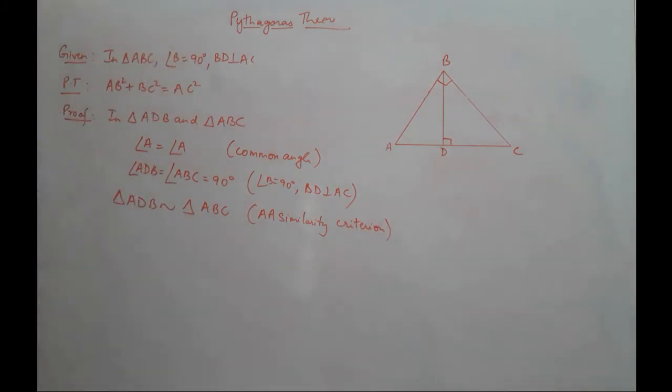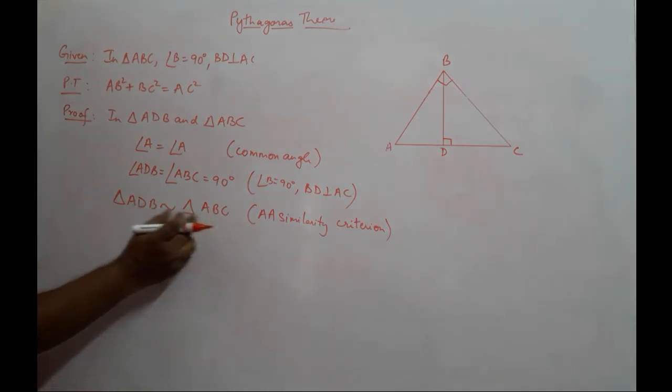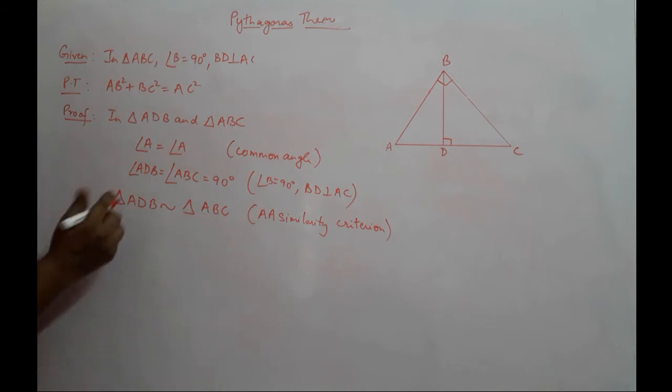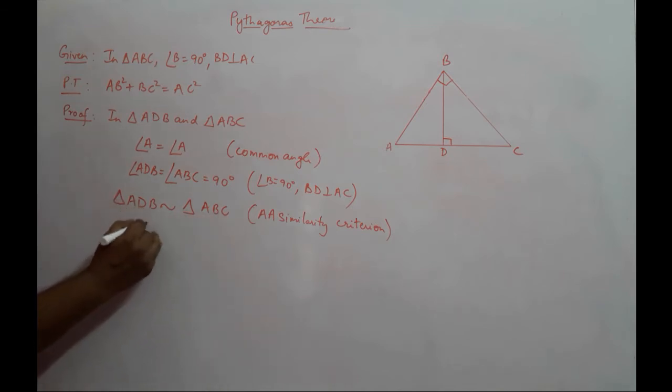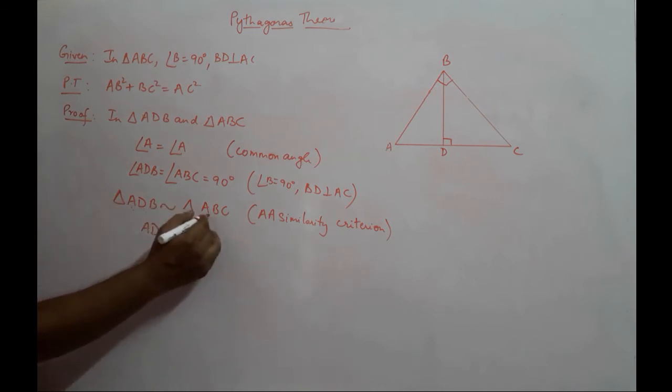Okay, now that we have got these two triangles similar, we can say that the sides are proportional, in ratios. So let's see which sides we'll take. When you want to take sides, always look at the triangles that you have taken. So let's say if we take AD, we have taken the first two letters of one triangle, so we'll also take the first two letters of the other triangle.